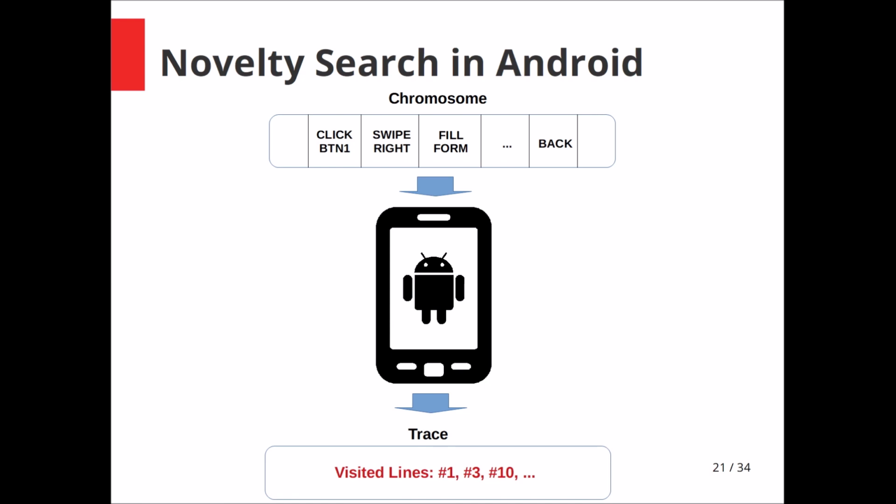We can now execute this chromosome in an emulator and get some traces, which describes, in our case, the visited lines of the application under test.